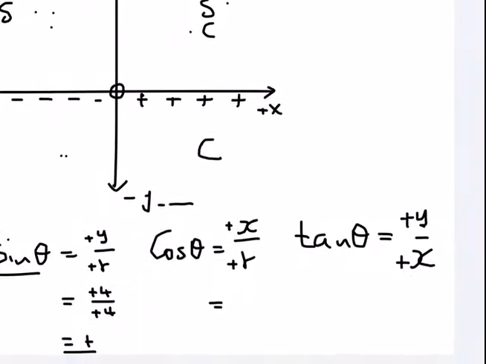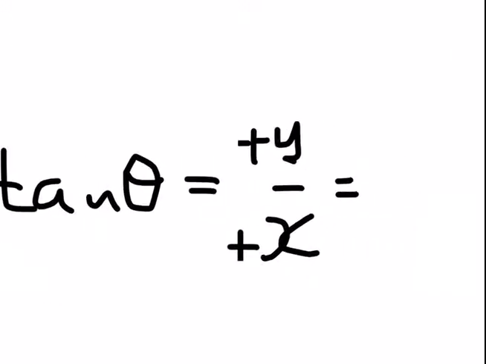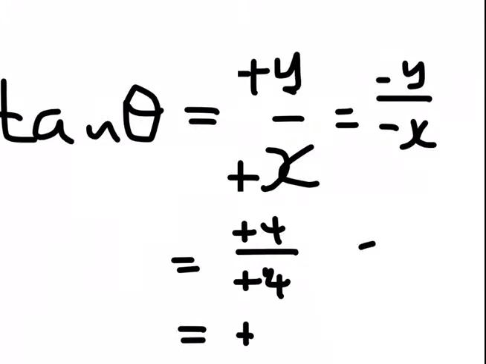Remember, for us to get a positive ratio, if we have positive 4 divided by positive 4 or whatever, the answer will always be positive. Again, if we have negative 4 divided by negative 4 or 2, it doesn't matter. The answer will always be positive.